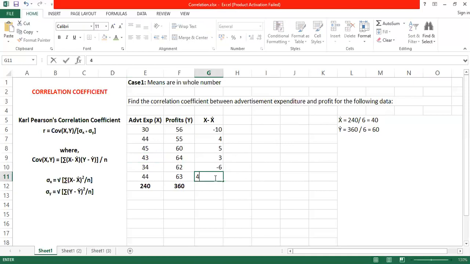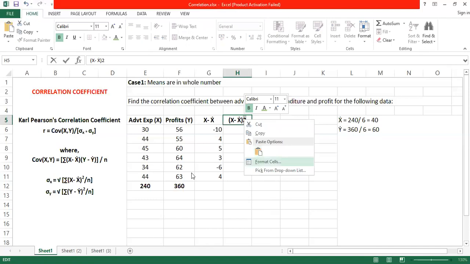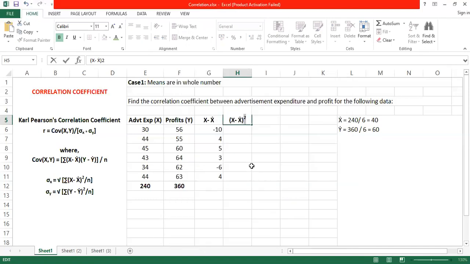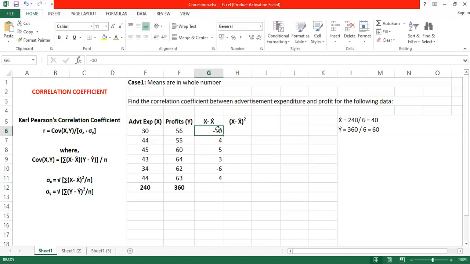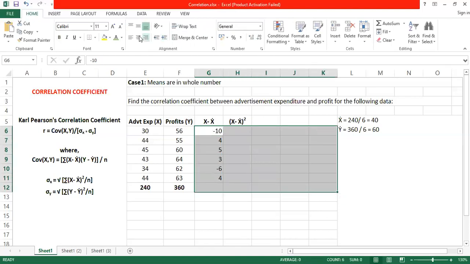So next we need to get the square of this. That means we have to add one more column, which is the square of this deviation. Just put it on the side there.